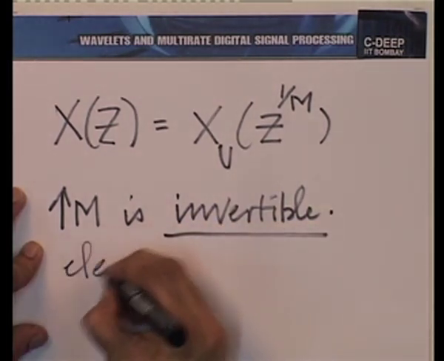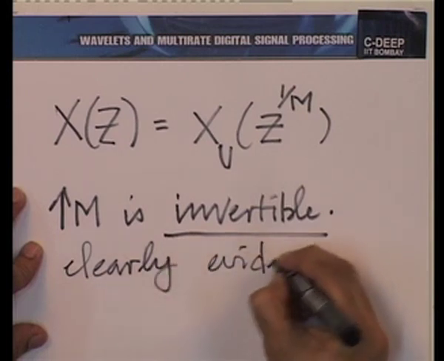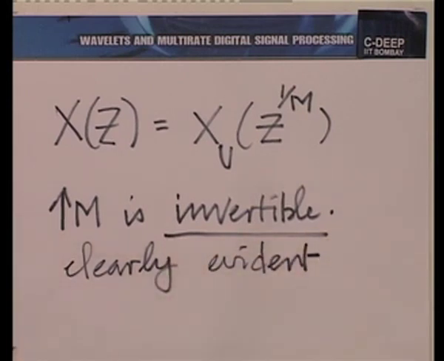Clearly shown here, clearly evident. Whether we look at it in the time domain or in the z domain, this property is evident, the invertibility.